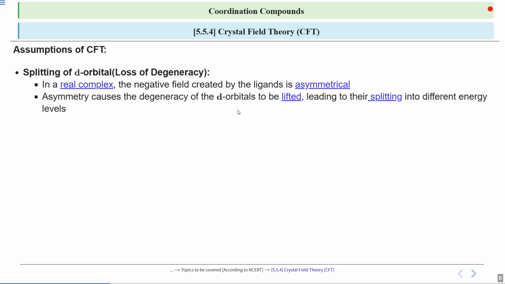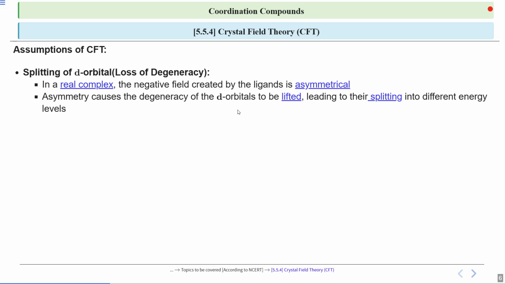So what happens basically is, when the degeneracy holds and you have the 5d orbitals of equal energy levels, then a symmetrical spherical field is created around the metal ion by the ligand, by the negative field.